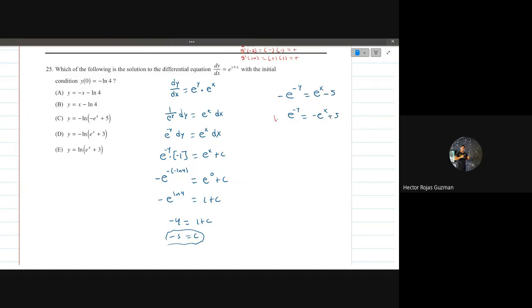Here we have to use ln to cancel out the e, but everything here is in parentheses. Negative e to the power of x plus 5, multiplied by a negative. Okay, is this answer on the board? Yes, it is.